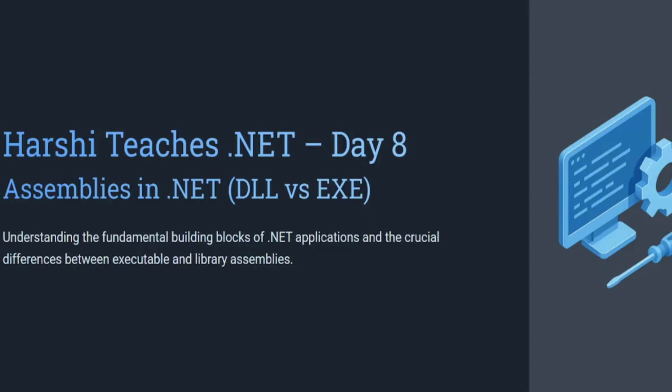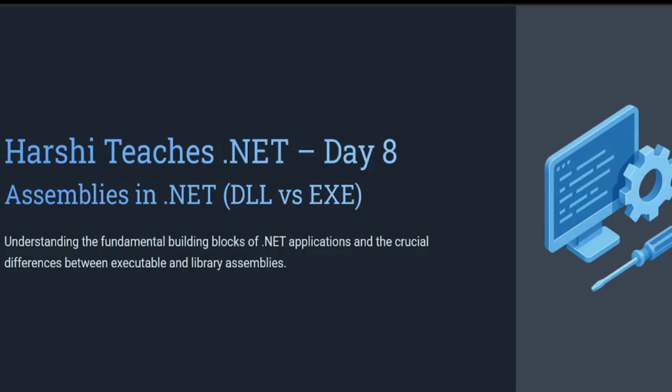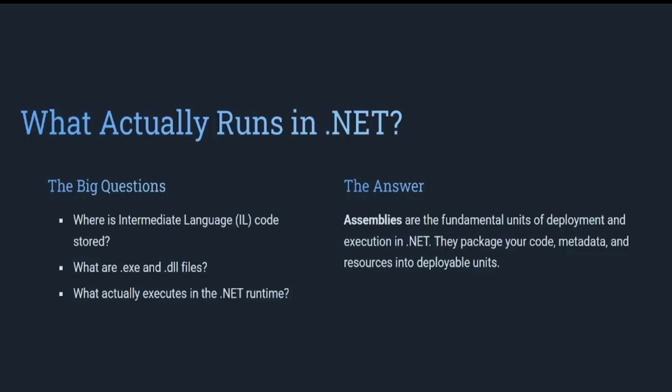So in this video, let's break it down step by step and understand what assemblies are, how they work, and the difference between DLL and EXE. So let's start with a few basic questions. When we build a .NET application, where is this IL code actually stored? And what are these .exe and .dll files that we see? And what really runs inside the .NET Runtime?